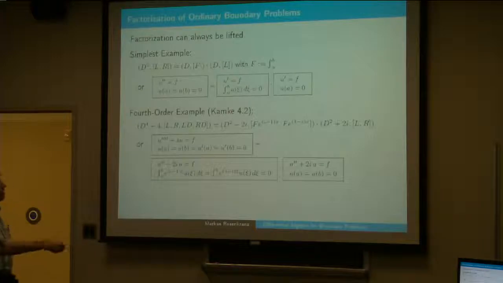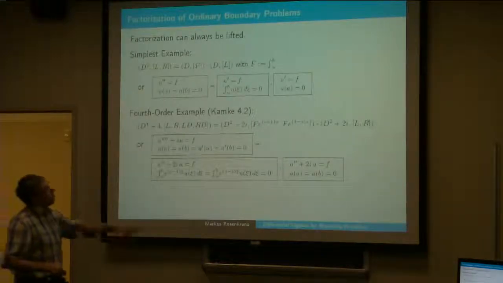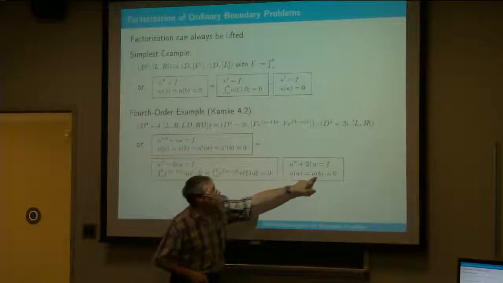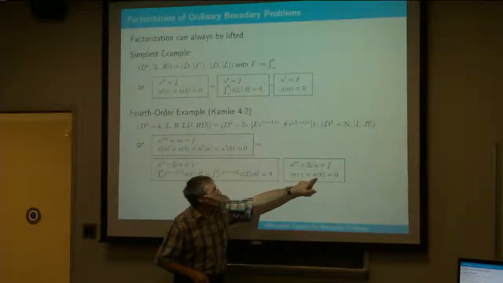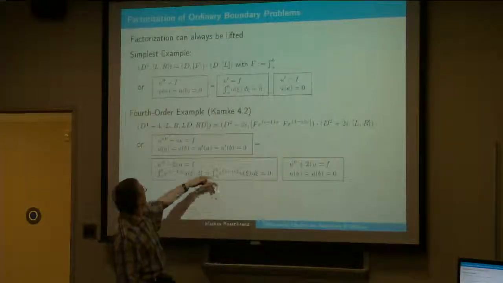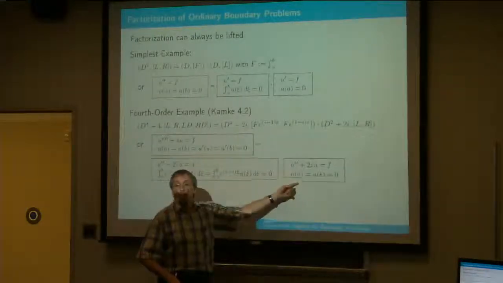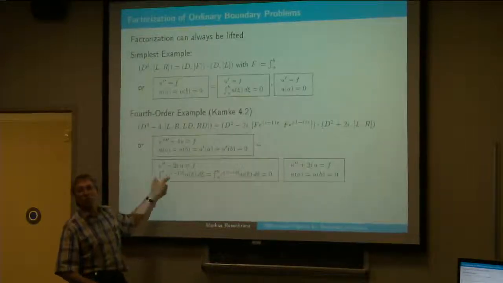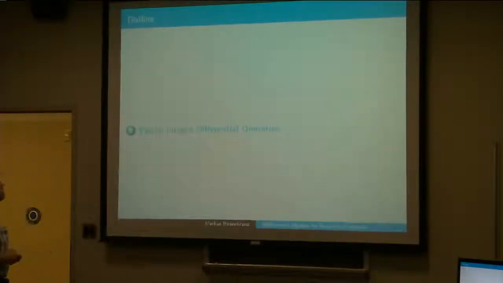The right factor is simple. And again, you could choose different conditions here. You could choose, instead of u of 0 equals 0 and u of b equals 0, maybe u of a equals 0 and u prime of b equals 0. Then this will still be the same here, because the left factor is uniquely determined.